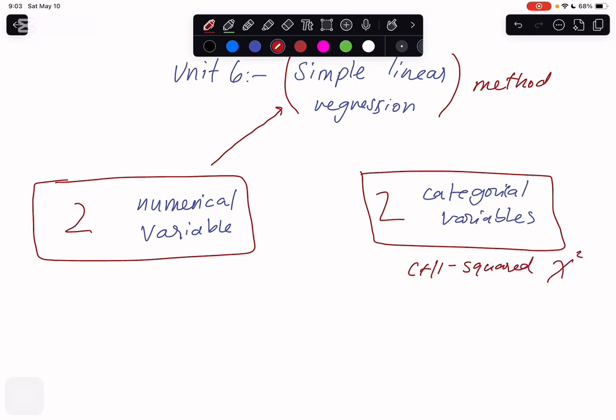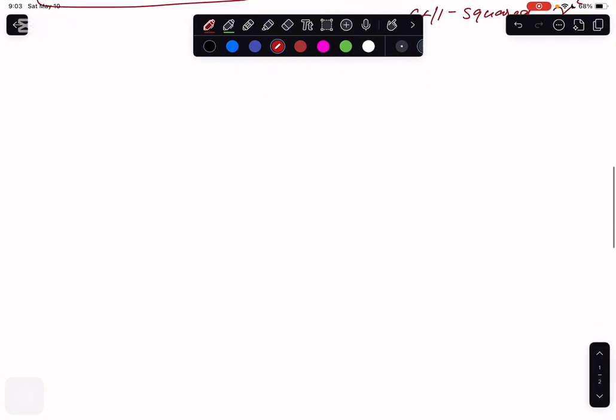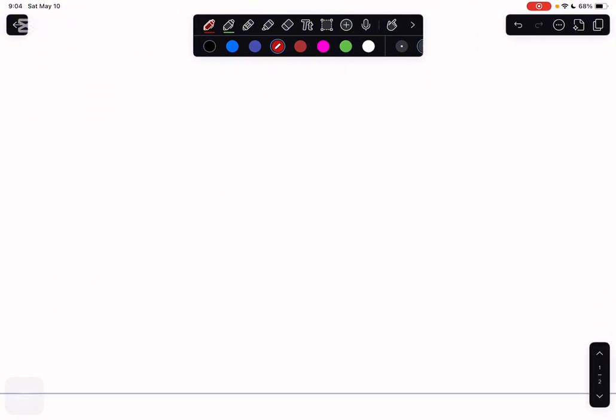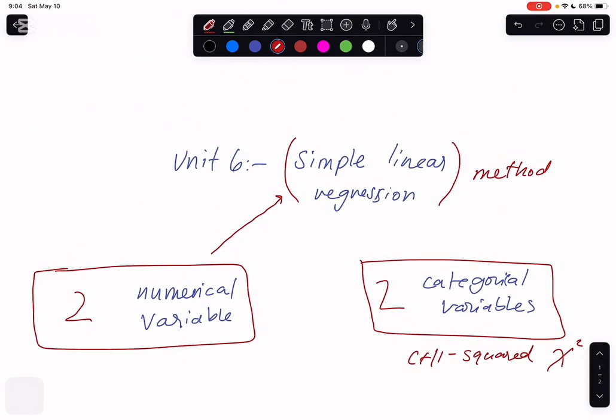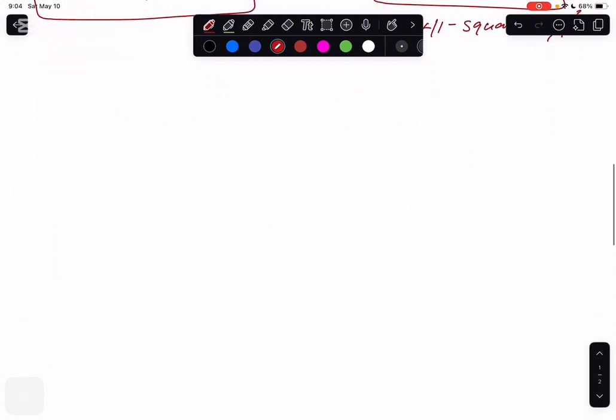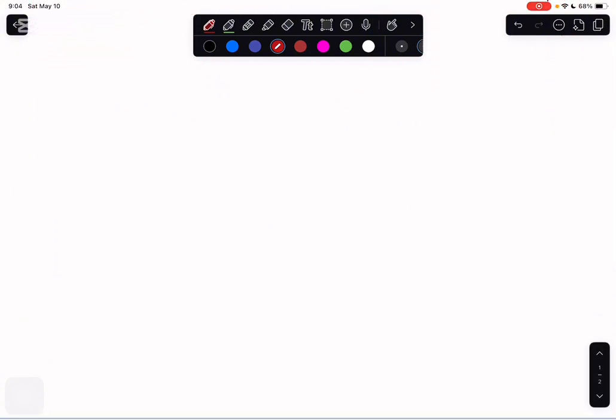Okay, so for that chapter we want to understand the relationship between two numerical variables. So when they give us two numerical variables, in this chapter it's called simple linear regression. So from the name there is a linear equation we want to get, right? We know from calculus that a linear equation has an equation of y equals mx plus b.